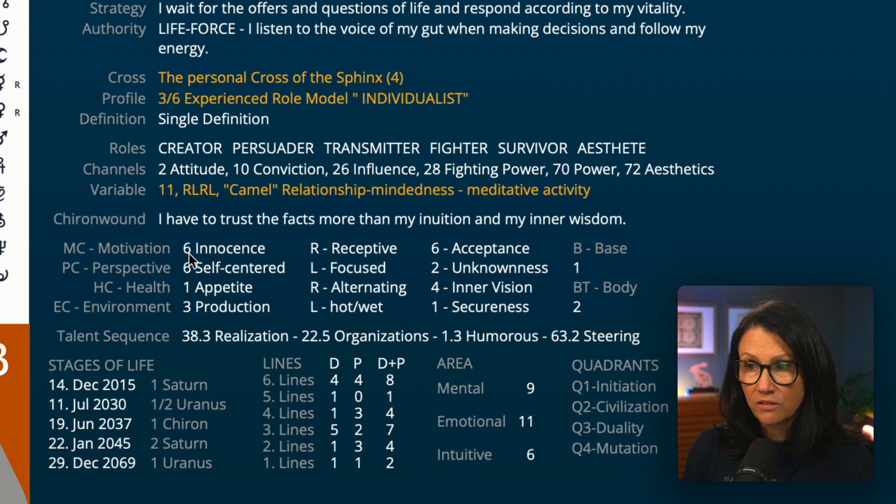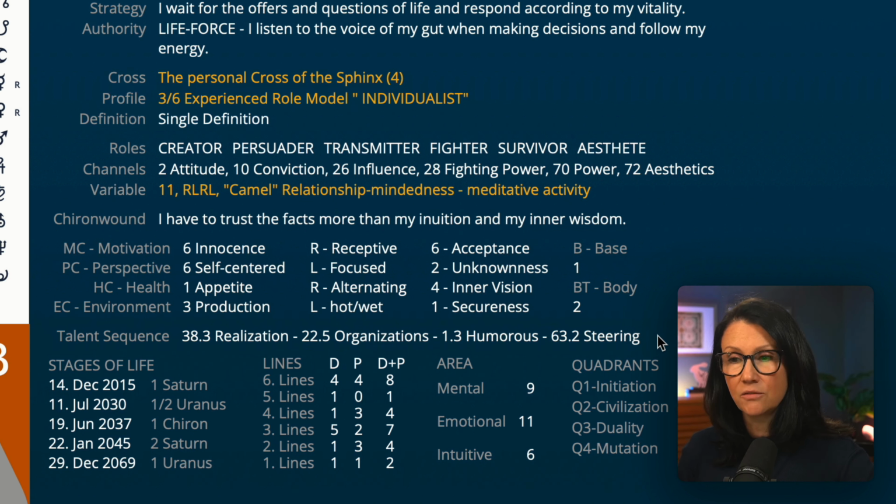So we have the motivation color 6, innocence, in the right tone, the 6th tone, and the keynote for the 6th tone is acceptance. Same goes for the perspective, the health activations like appetite, alternating, inner vision, and also the environment. Here it says 3, production, that is called kitchens in human design, hot or wet kitchens, and first tone. So if you have an education in these levels of human design, you will love this section.